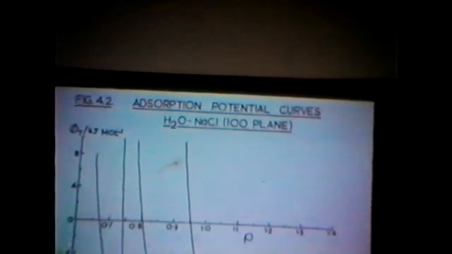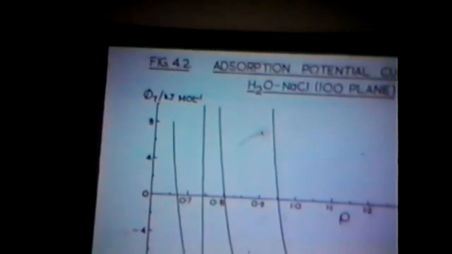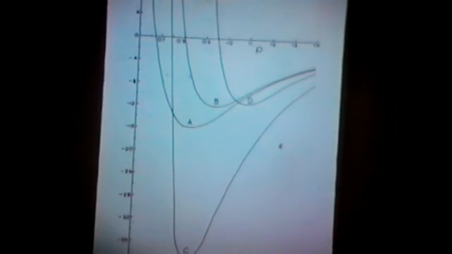Now, to illustrate the complexity of the system, and remember we're going to talk in some detail about water on iron oxide, the sort of complexity we mean is that it's the other end of the scale from a non-polar gas adsorbed on a non-ionic solid.